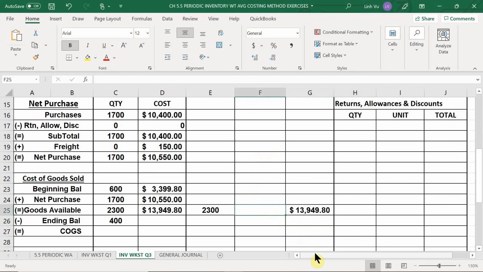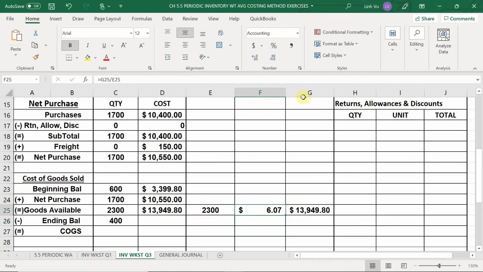I need to solve for my average cost per item. And I'm going to do that by taking my total cost divided by my total quantity. And can anyone help me solve for what my average cost per item is? 6.06513.